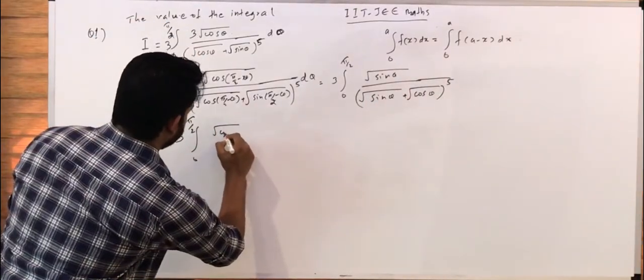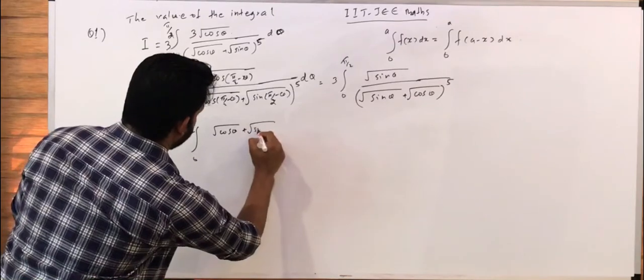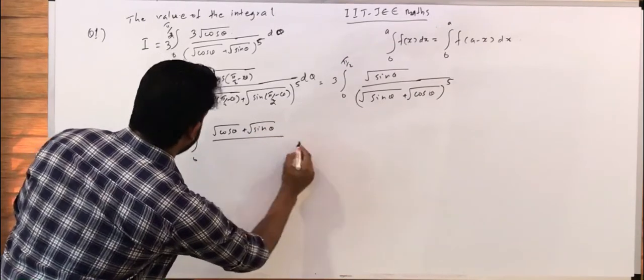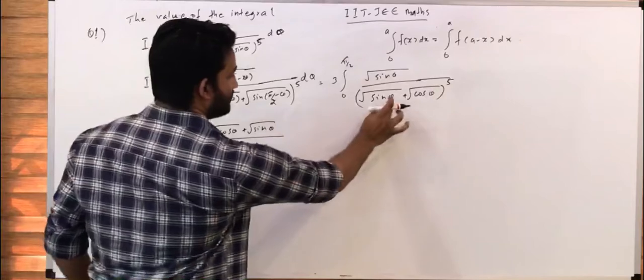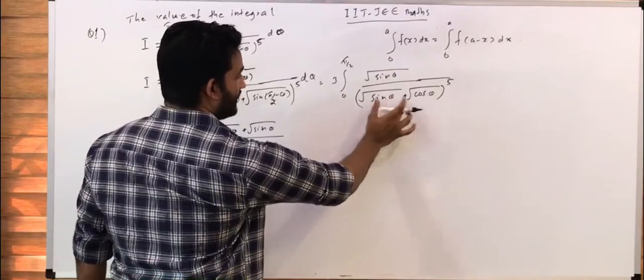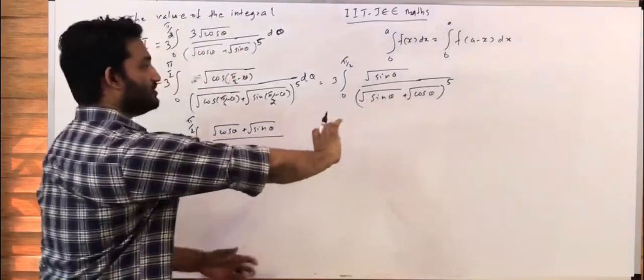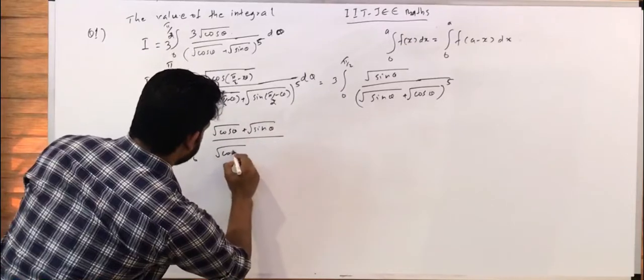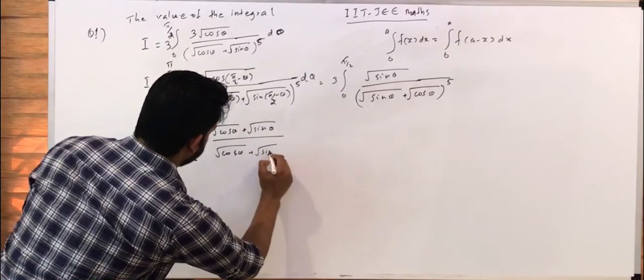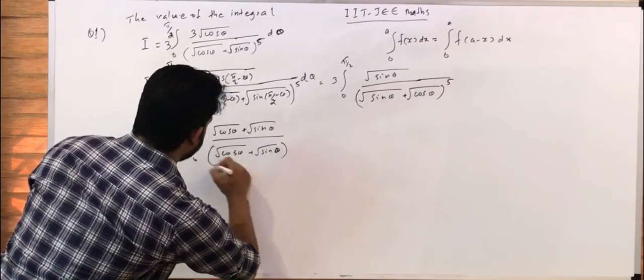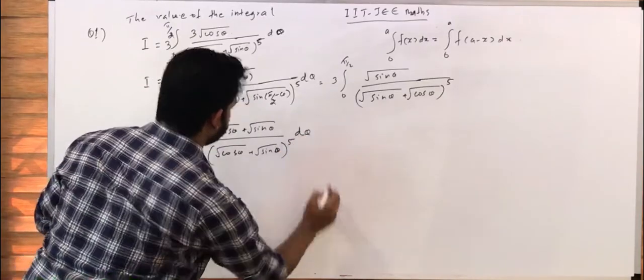So root cos theta plus root sin theta divided by (root cos theta plus root sin theta) all raised to 5 d theta.